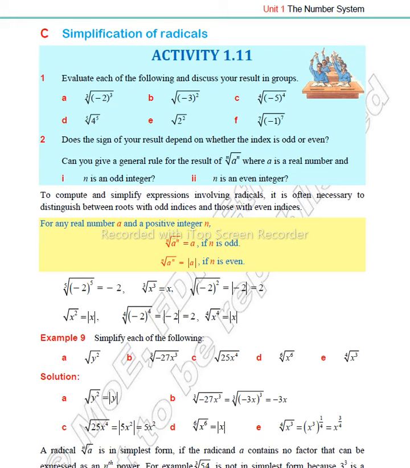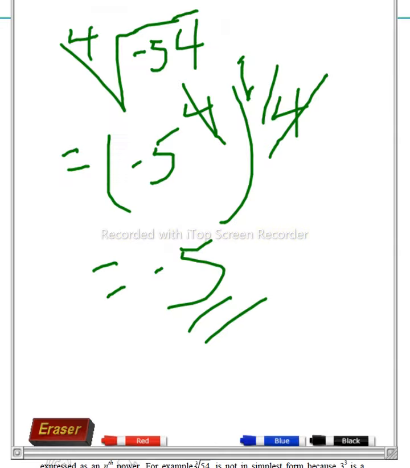Let us add another example. Not minus 5. As we know, 5 times 5 times 5 times 5, this is positive, because it is an even number, so it is not negative.